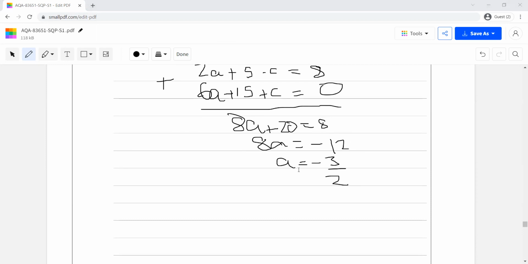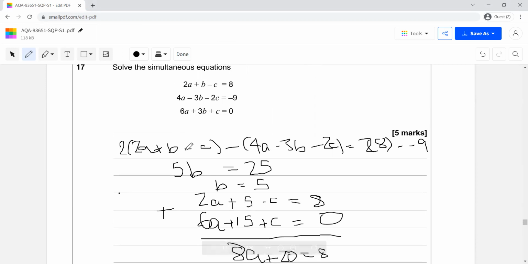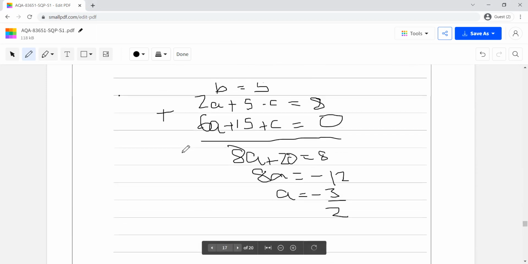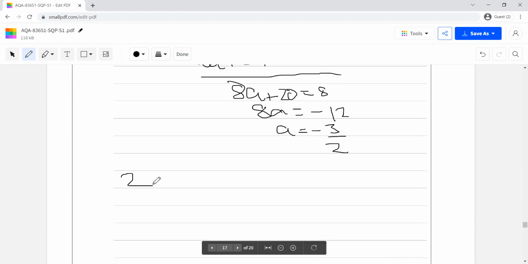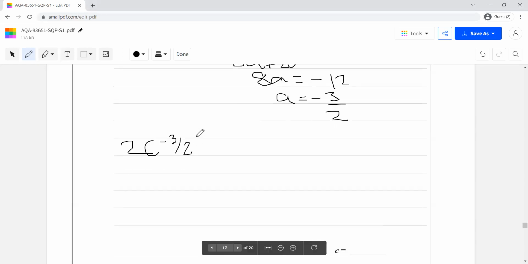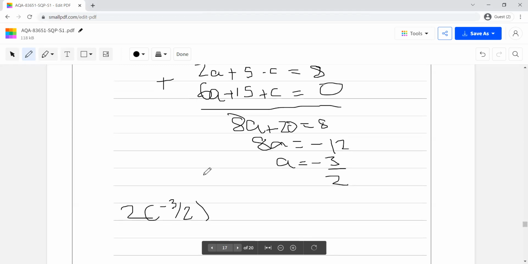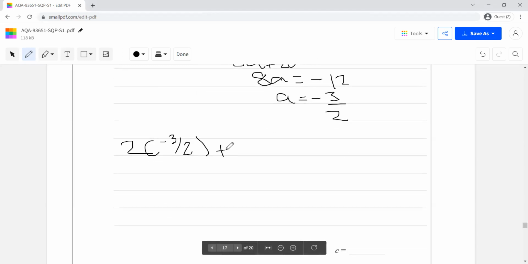And from here, we can just substitute back in. So we know that 2 times minus 3/2 plus 5 minus c is equal to 8.